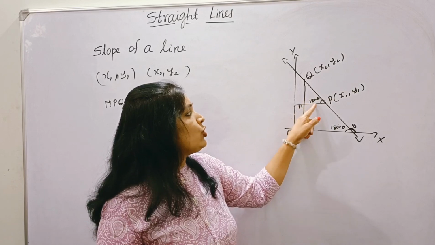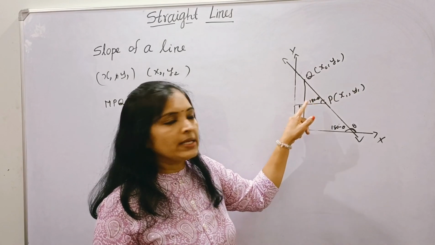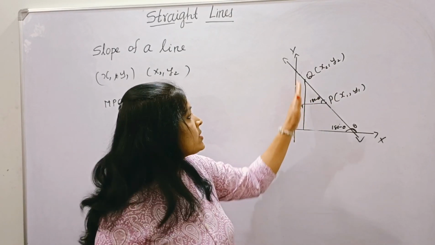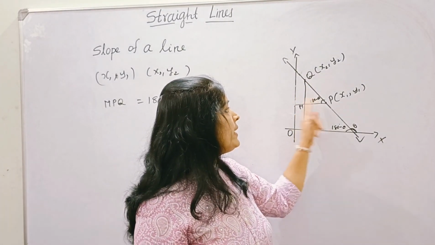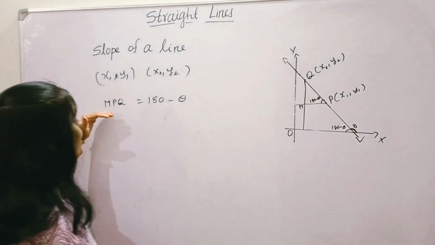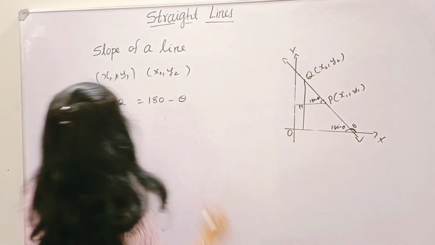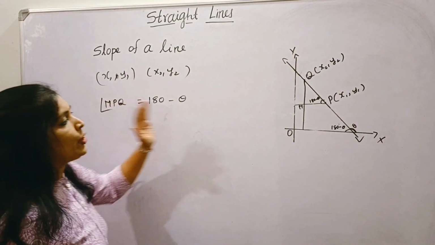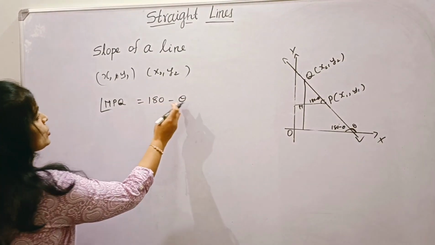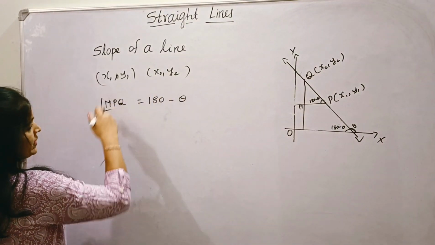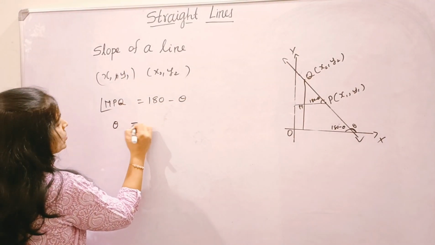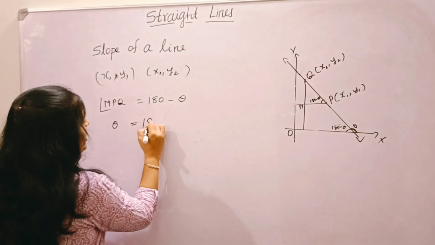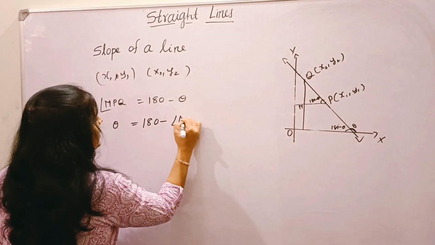After calculation you will get the same thing, 180 minus theta. It is also 90 degrees because this line is perpendicular to the x-axis. So angle MPQ is 180 minus theta. Taking theta on the left side and angle MPQ on the right side, we can write theta as 180 minus angle MPQ.